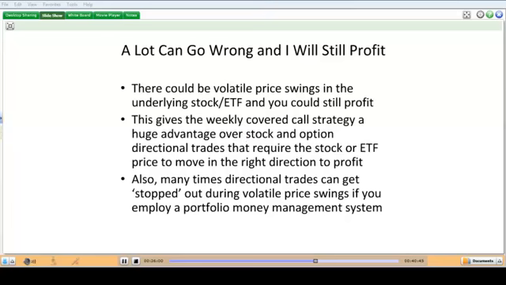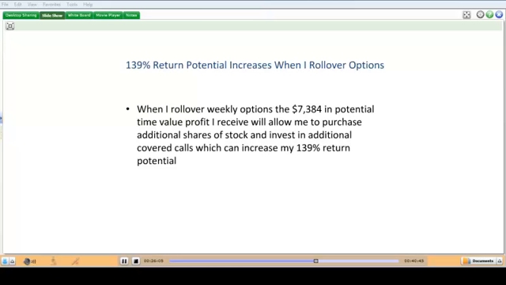And if I was able to collect that $7,384 in time value profit, that allows me over the course of the year to purchase additional shares of stock and invest in additional covered calls, so I can start compounding my returns with these weekly option premiums that I collect.